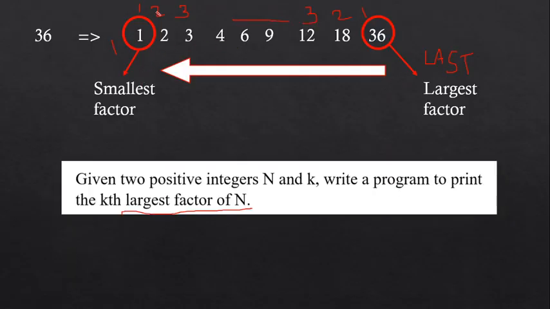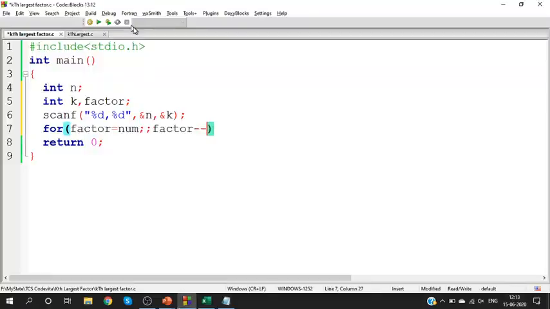Until we reach 1, because beyond 1 it doesn't make any sense. If you reach 1, that will be your last factor. You will not have any factors beyond 1. Is that clear? Start from the last factor, proceed till you reach 1, factor minus minus.